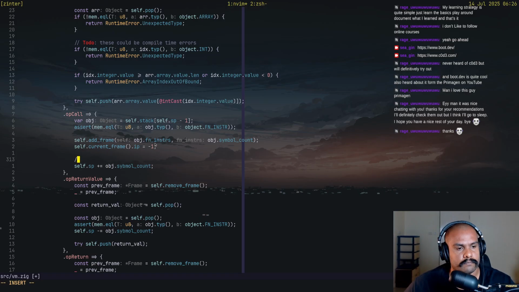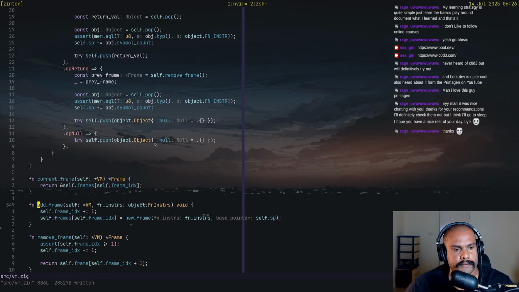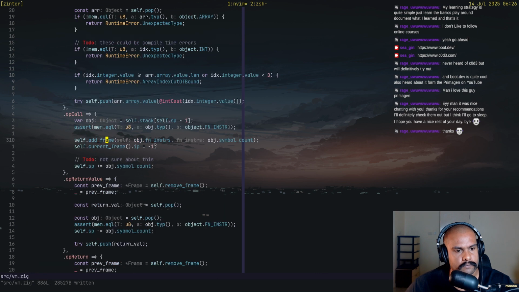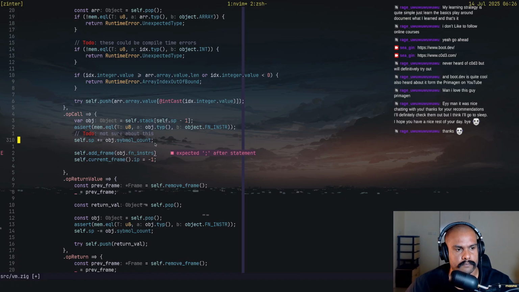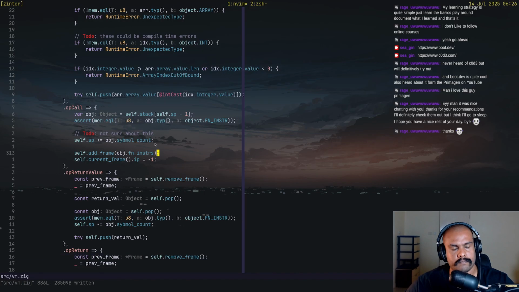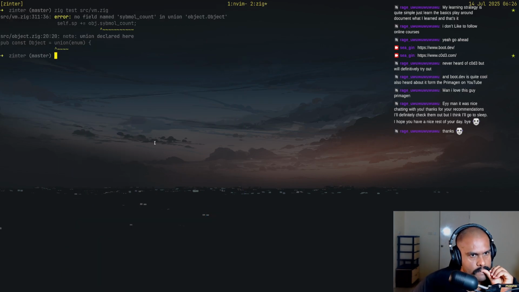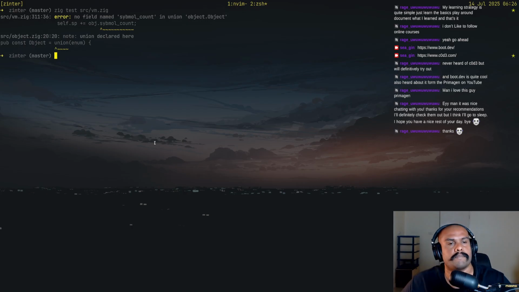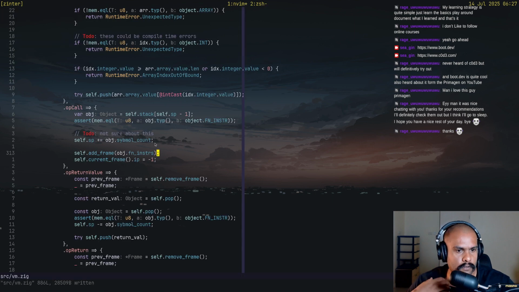Not sure. No fields named symbol count in object.